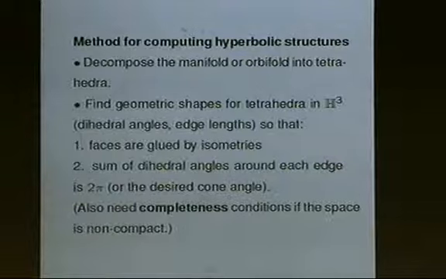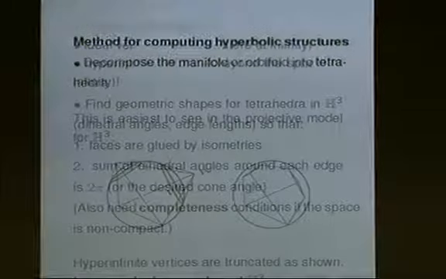And if we add up the angles around an edge, that should be 2 pi. Or if we've got an orbifold, we might want an angle of the form 2 pi over n along the edge. Now there are a few complications if our space is non-compact. In particular, you need completeness conditions, as we saw yesterday.